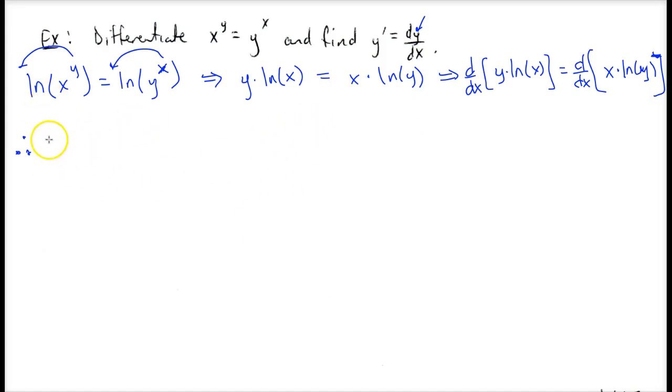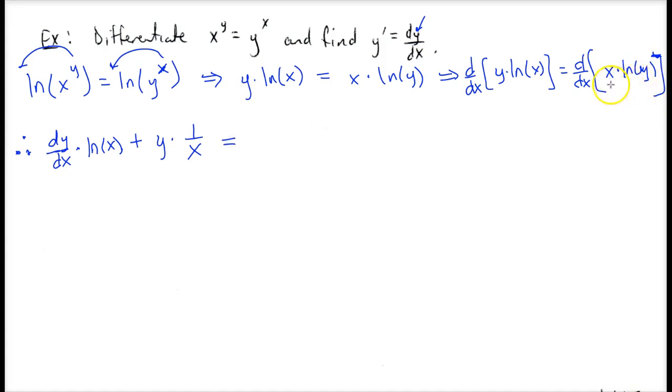We take the derivative of the first, with respect to x, times the second function, plus the first times the derivative of the second. And of course, the second function is natural log of x. The derivative of natural log of x is just 1 over x.